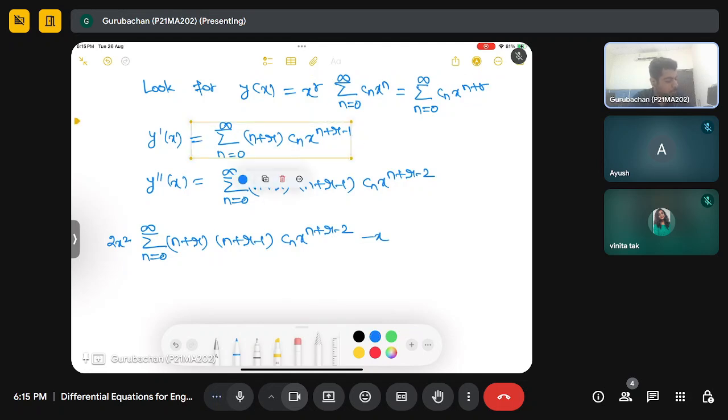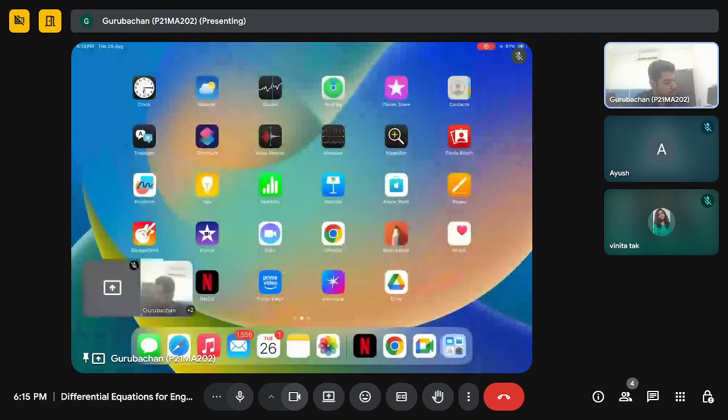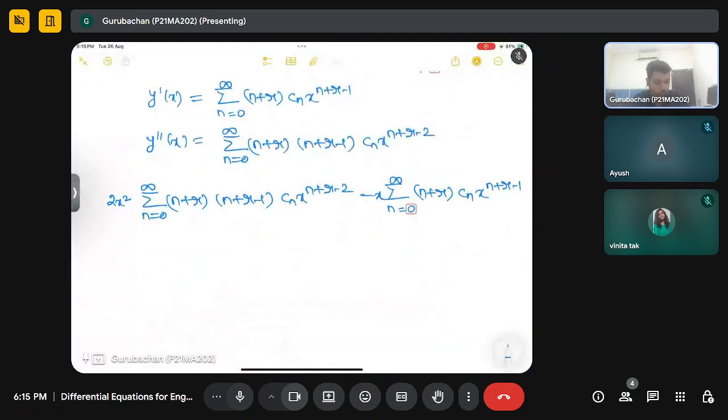So this is the y dash term. After this one, we have (x minus 5) y.